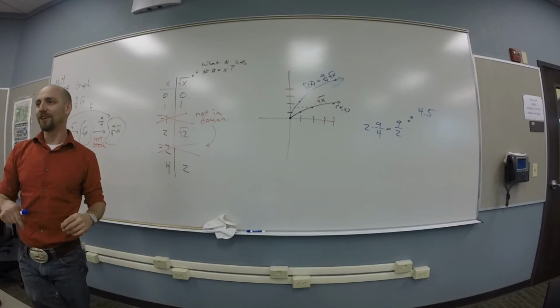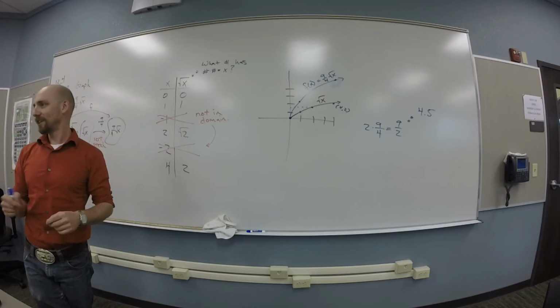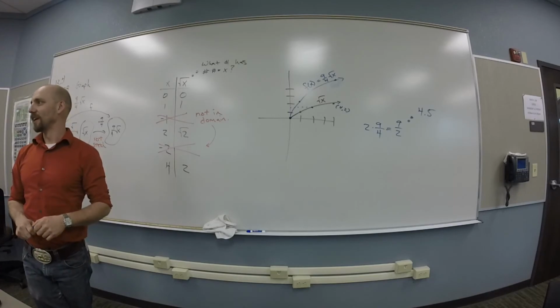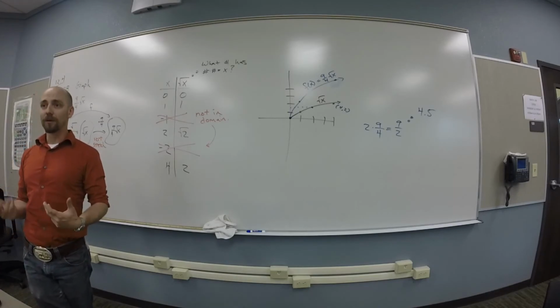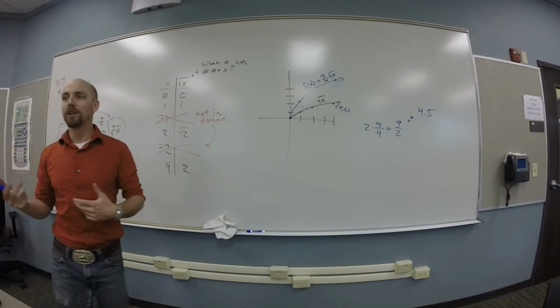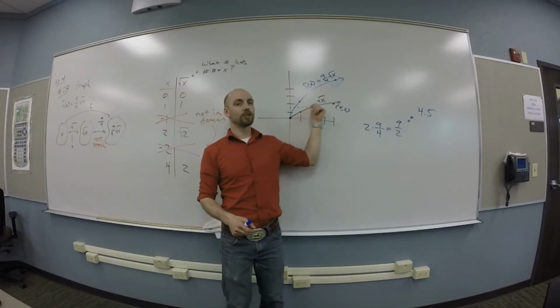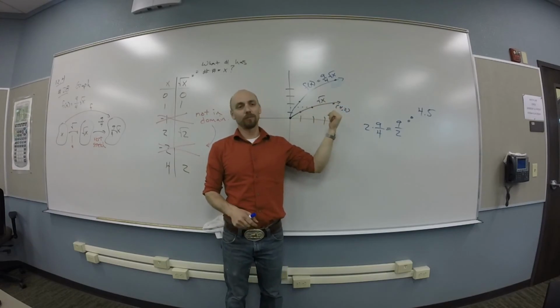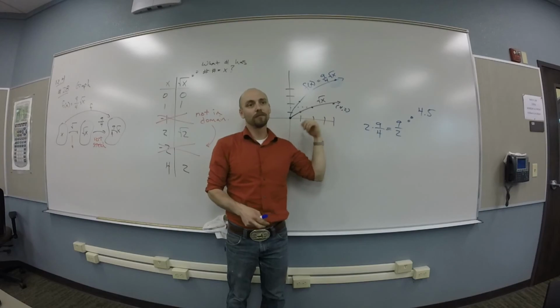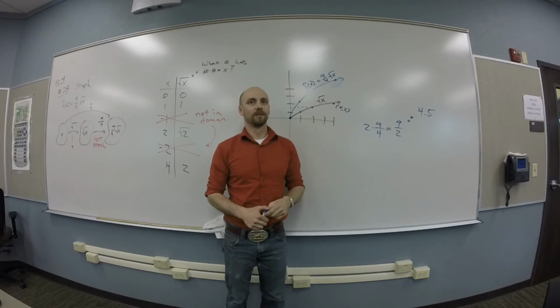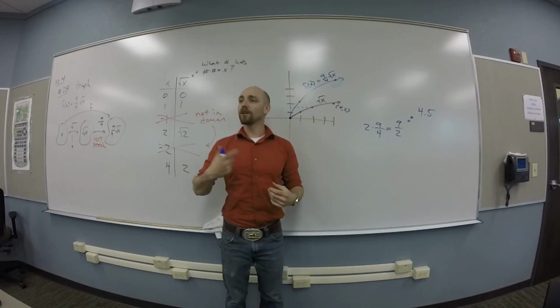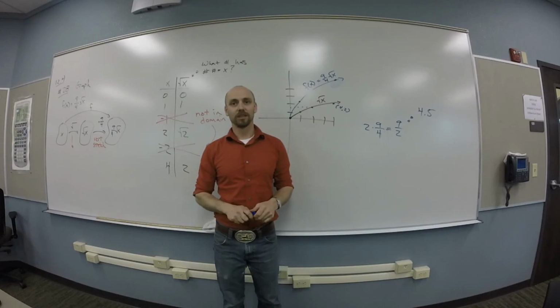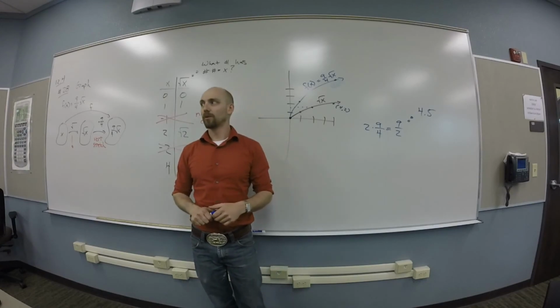The morning class learned about cubing and cube root of x. So this is what we do. We add a little bit of vocabulary, and then once we know the basic word, like this root x thing, now I can know all the stretches, compressions, flips, and movements of root x. You guys see that? But we have to learn the basics on each of these. Cool? Questions on this one?